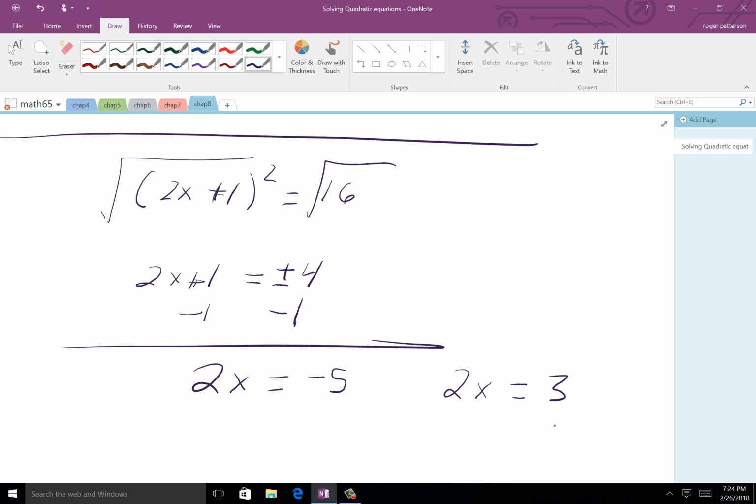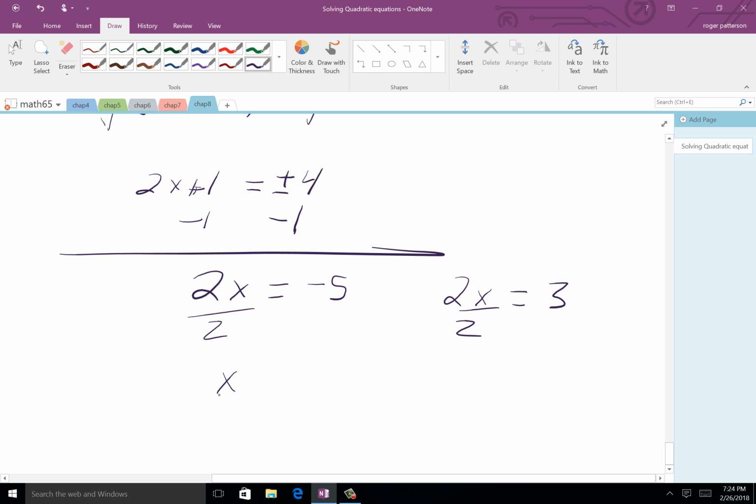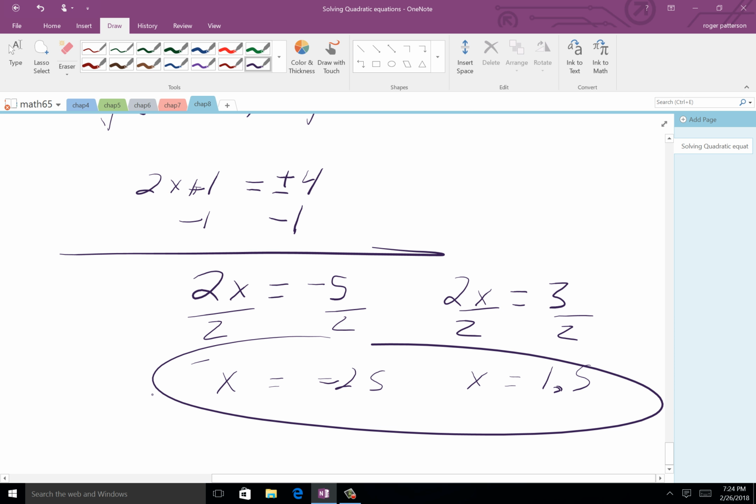And then divide by 2, and that would be our two answers. Do you see how that one worked out? So you might have something like that. If you see something like that, I would just square root them and not bother with the quadratic formula.